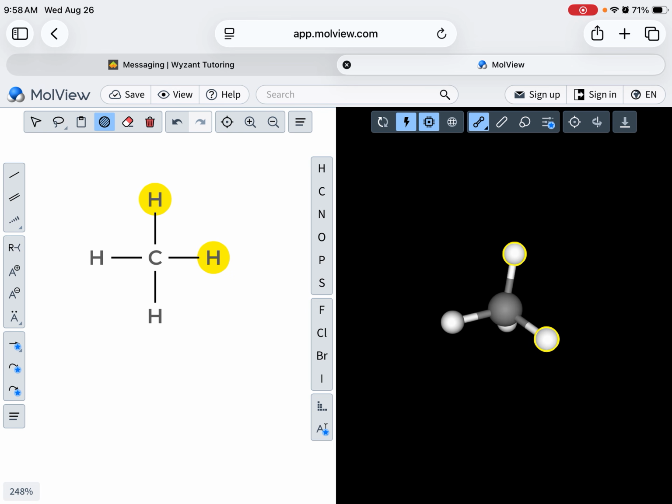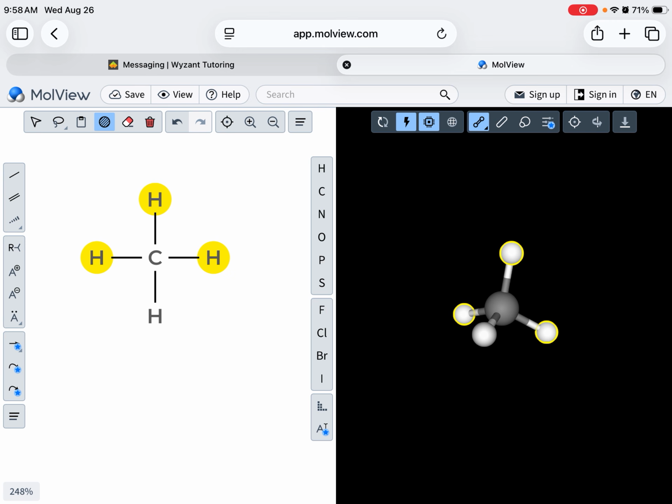But then the other 2 hydrogens, this one and this one, they are not in plane with the 2 yellow hydrogens. They're out of the plane. And so this hydrogen right here, you can see that it's sticking out of the plane towards you, whereas this hydrogen is sticking out of the plane away from you.